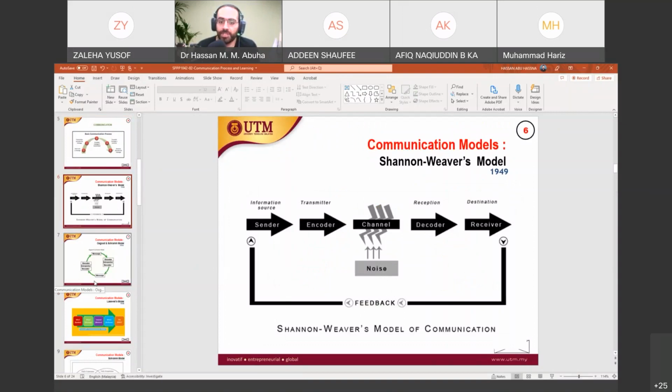If there is no noise in other models, it means that this person claimed that there is no noise variable. In the Shannon model, there is noise, and this is based on his claim or hypothesis. So this is only for Shannon. That is why I mentioned that it's very tricky for you in the final or even in the first test to differentiate between each model. So yes, the others don't have noise, but Shannon has noise.